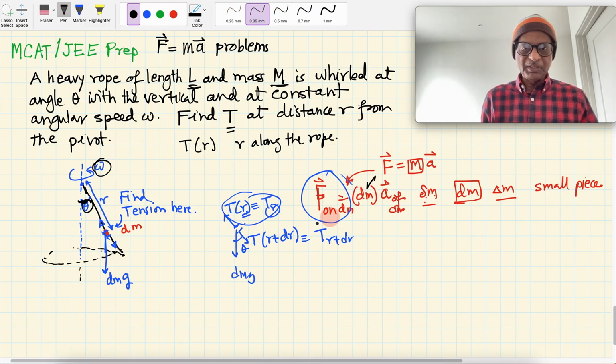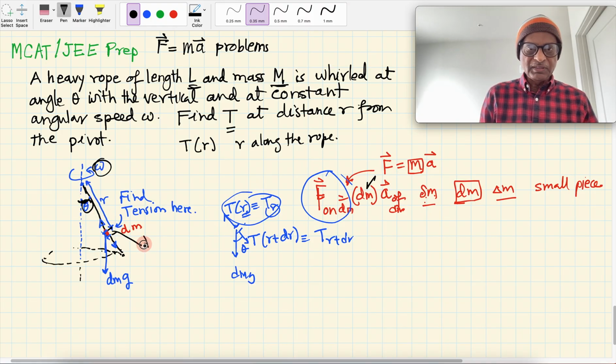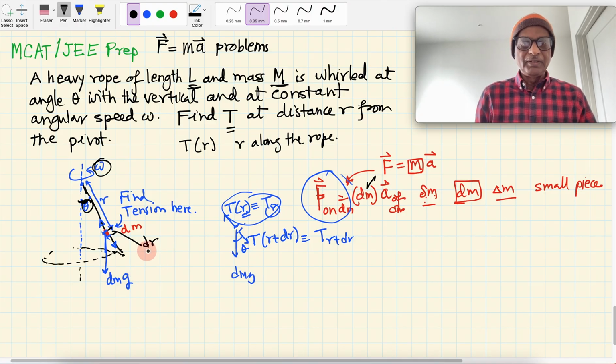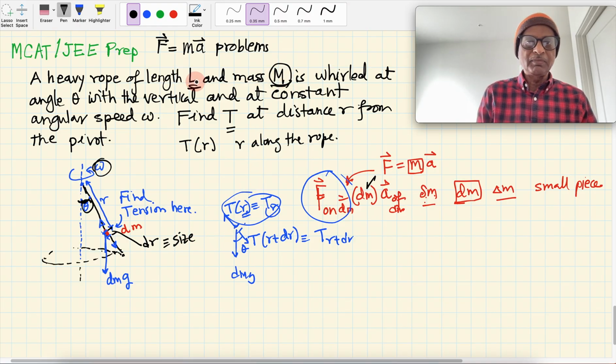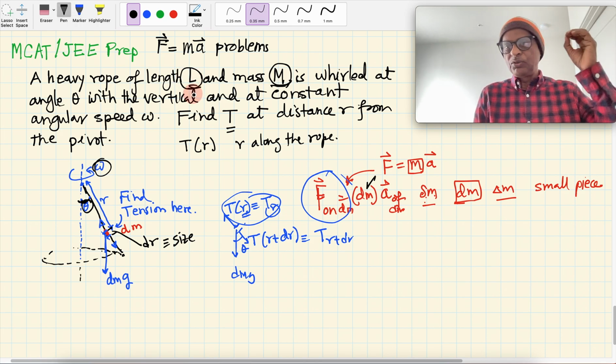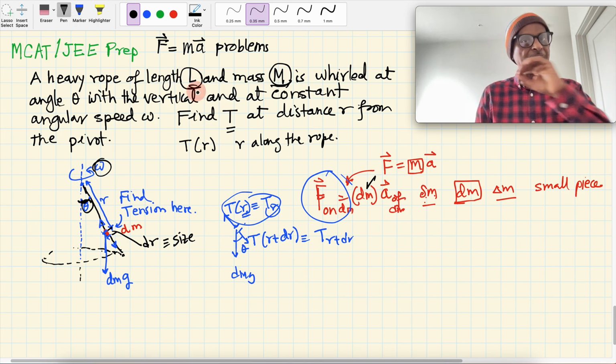Okay, so now how about this guy? This one we already know. What is the dm? Well, we could measure along this piece, the size of the piece, because we want along r. Let's call this size dr. So dm will equal the size of that guy. Well, it says you have a mass m, length l, and they're uniformly distributed over there, right?